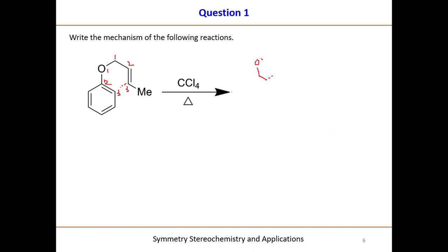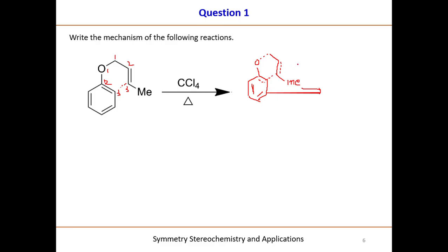The bond which is breaking and the bond which is forming, I am showing both with dotted lines. This is called a concerted mechanism. Bond breaking and bond making take place simultaneously. That's why it's known as a concerted mechanism. And the other two pi bonds will remain as they are. As I told you, one bond formation will take place and one bond breaking takes place.